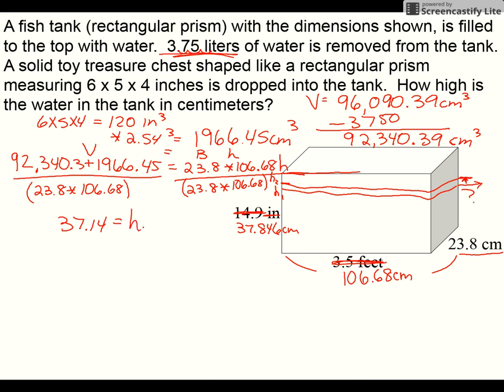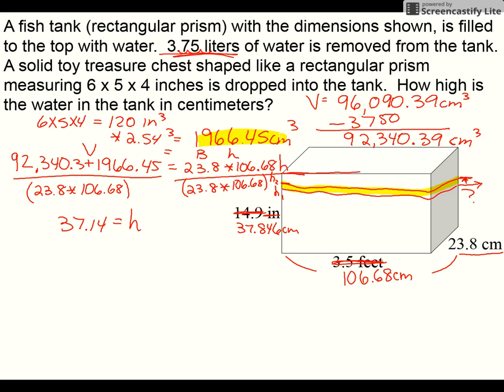Again, this is only one way to do it. There are other ways to do it too. You could find the height of just the difference, in other words, the height of this space right here, by using this volume right here. That height comes out to be about 0.78 or something like that, I believe.